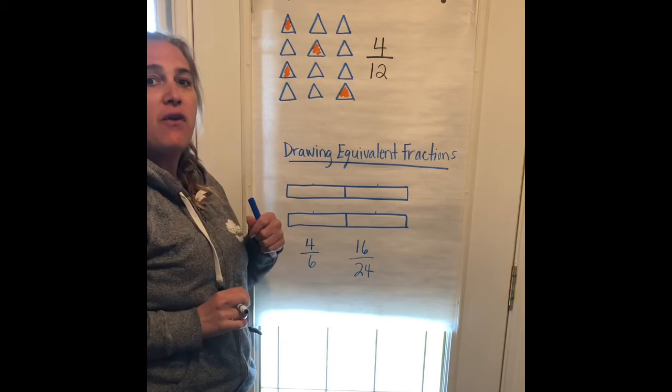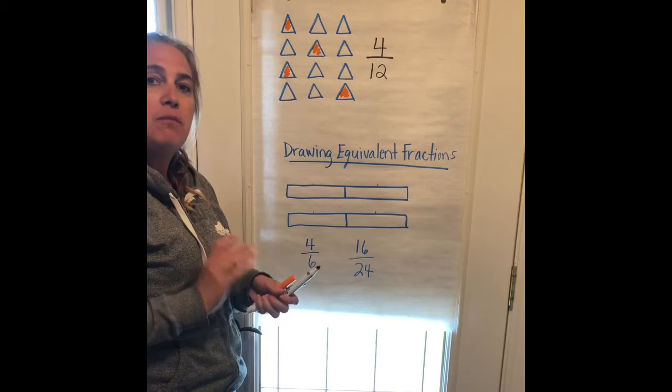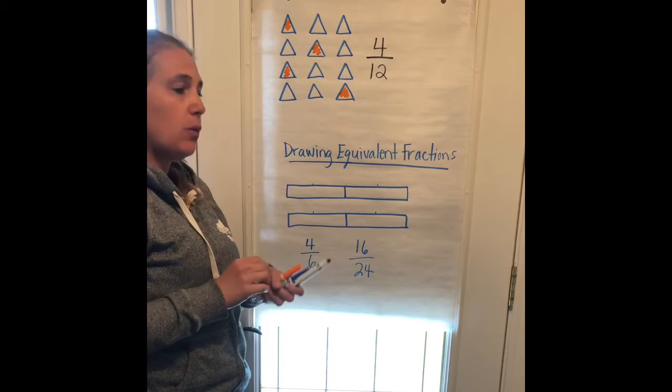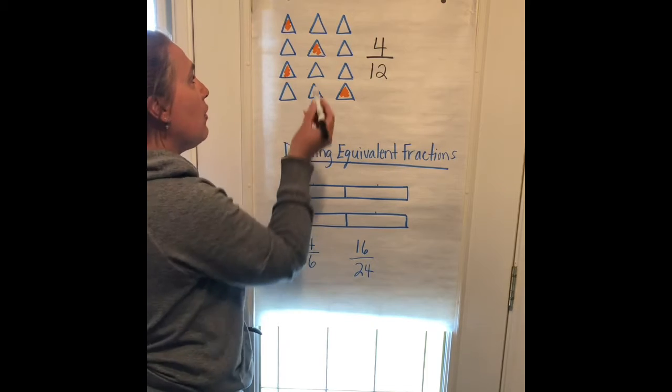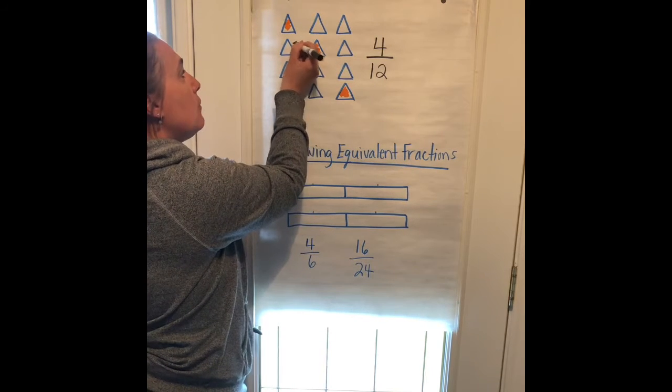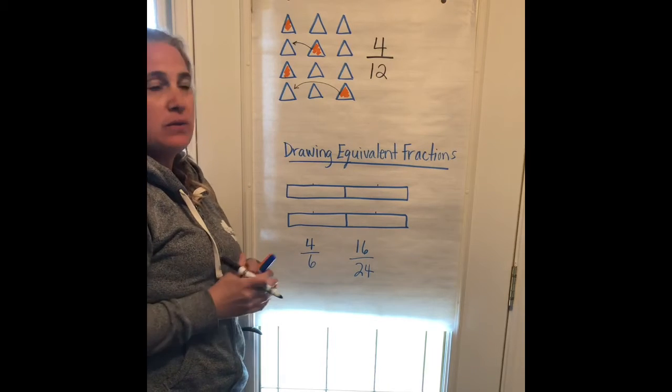So if we wanted to find an equivalent fraction to 4/12, we could also group this picture to show an equivalent fraction. We could group the shaded triangles together in a more organized way so that we can see our reduced fraction.